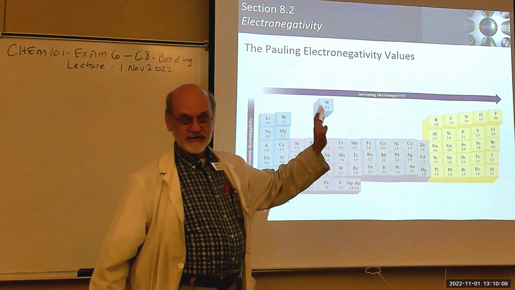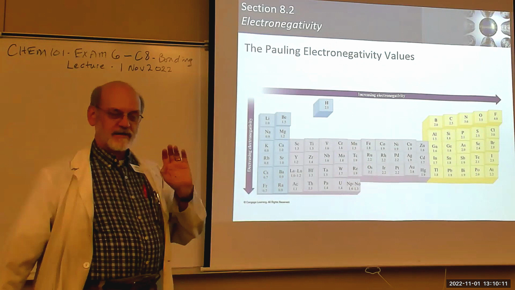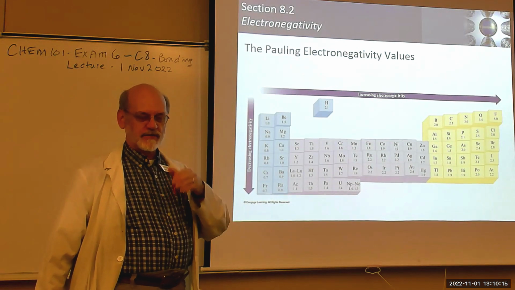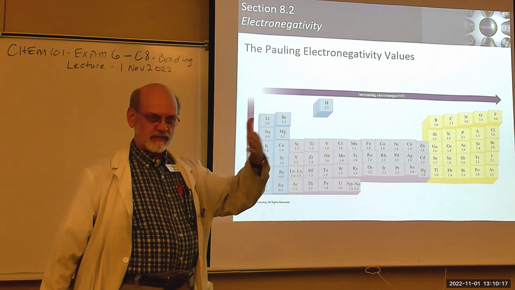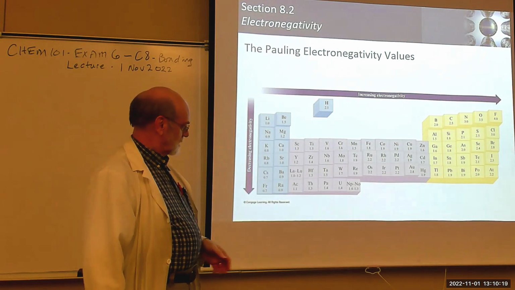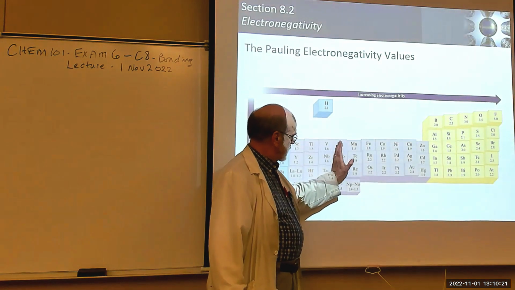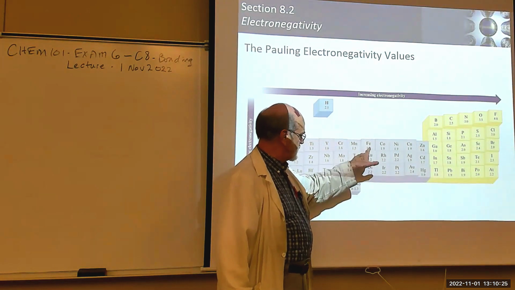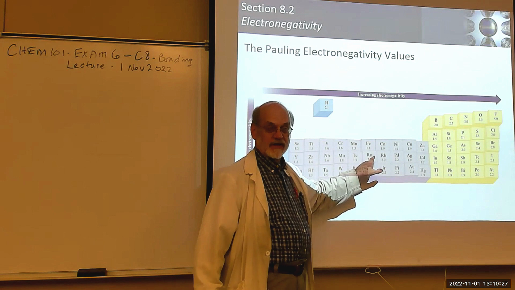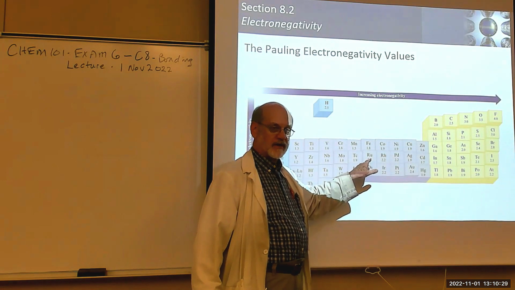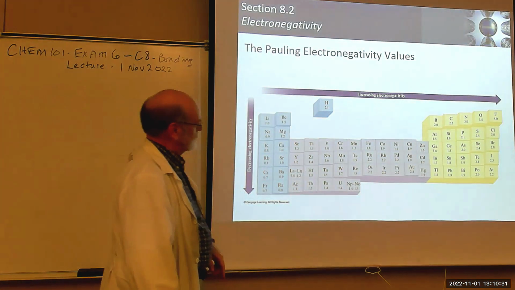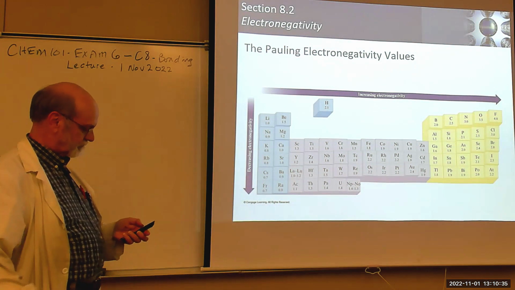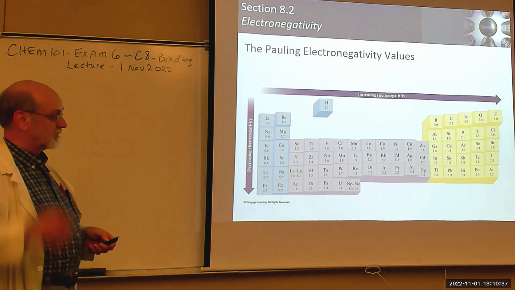Remember the d orbitals? 10 electrons, 5 electrons in the d orbitals is half filled. There's an electron in every sublevel. So that tends to stabilize it. And then when you get an extra electron, now it's paired up with another electron. And plus it has an extra proton for attracting electrons.